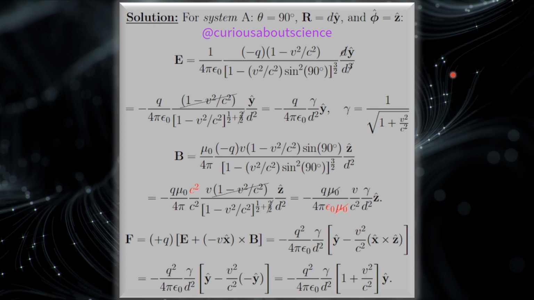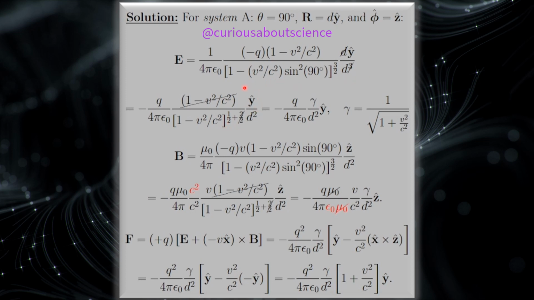We saw some of this back in chapter 10, I believe. Where this is r hat over r squared, we use vector identities to put that as r vector over r cubed. Nonetheless, let's keep pushing through.